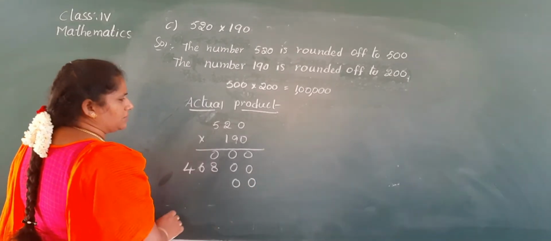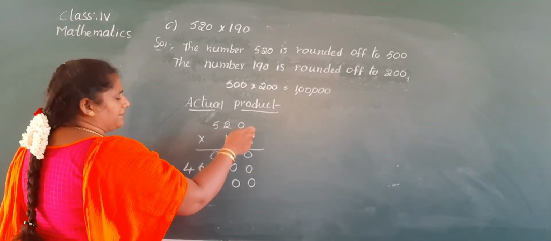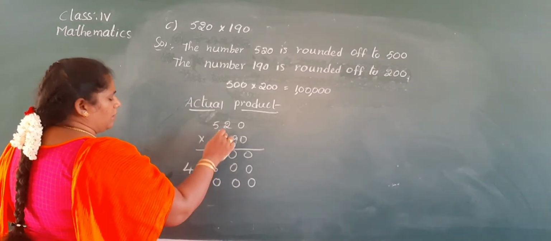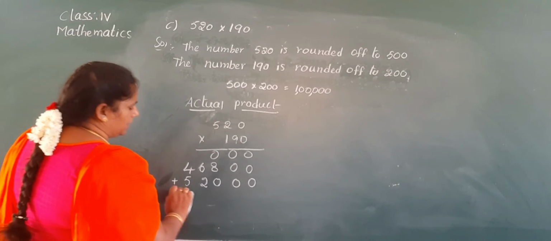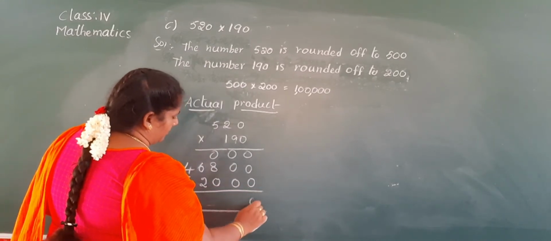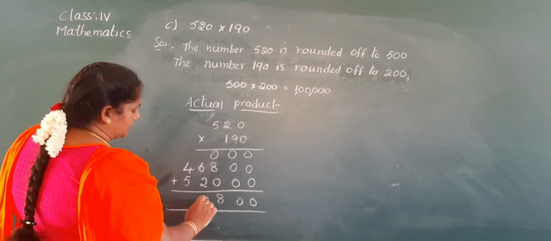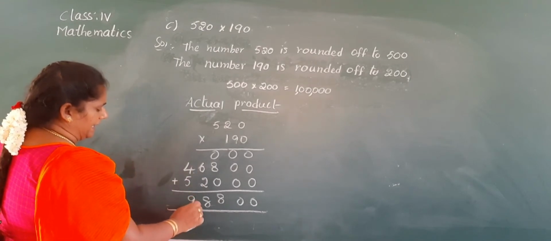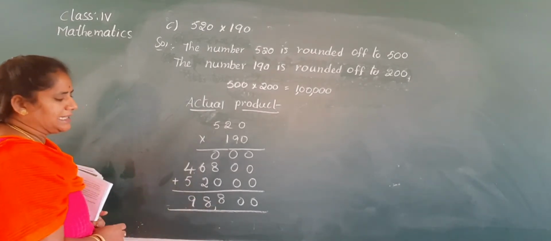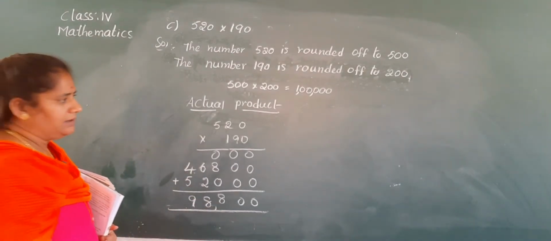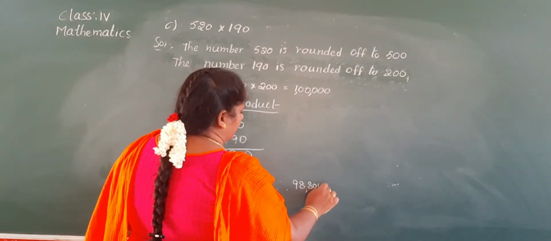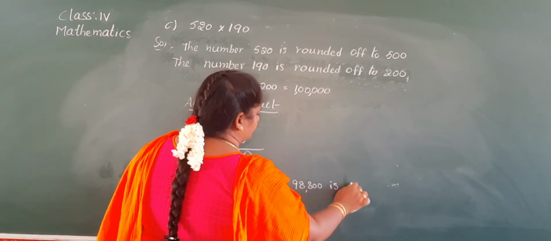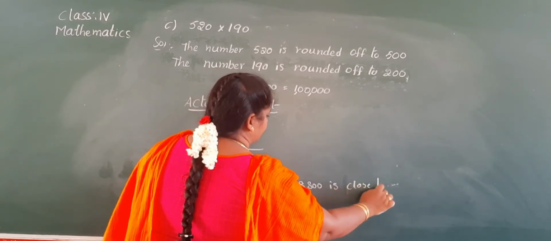Now ones place, tens place equal to zeros. Start from the hundreds place. 1 0 0, 1 2s are 2, 1 5s are 5. Now add all these. 8, 6 plus 2, 8, 4 plus 5, 9. So its answer is 98,800. So therefore 98,800 is close to 1 lakh.